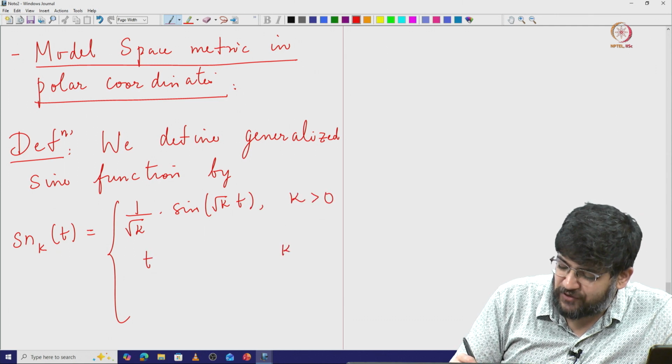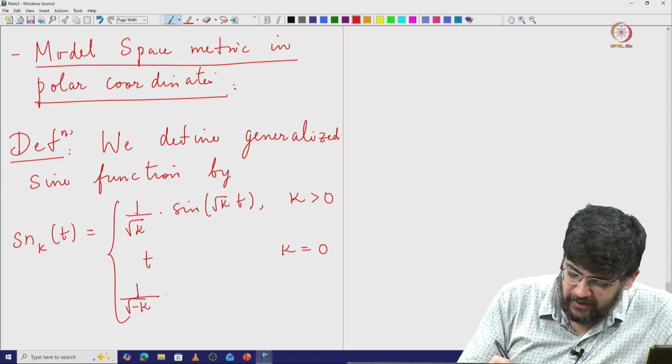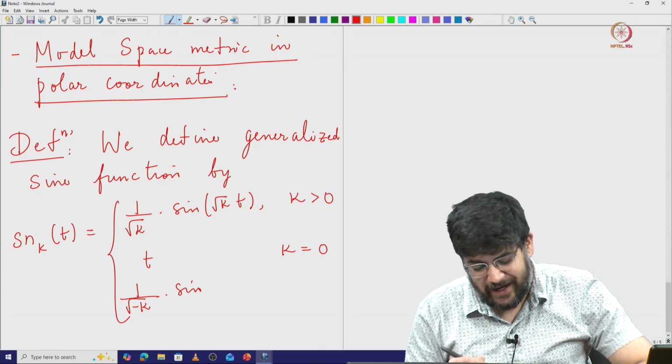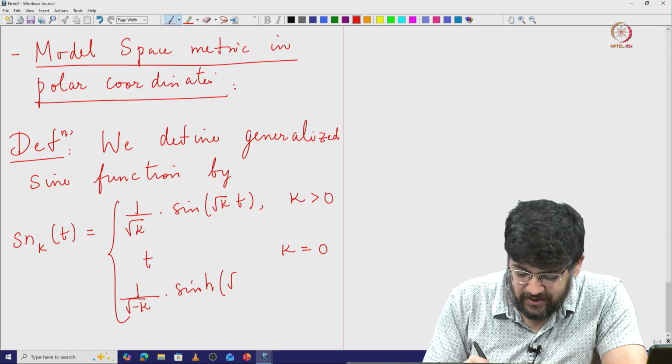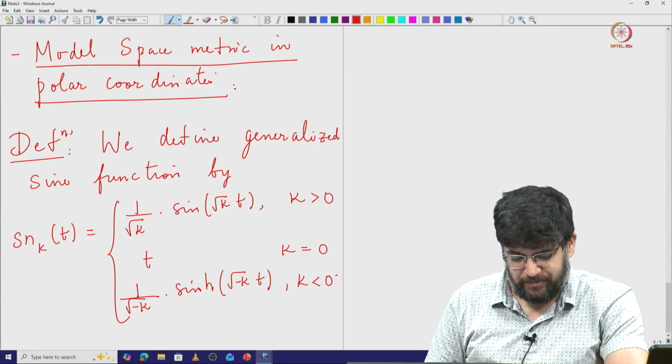It is equal to t if kappa is 0, and it is equal to this factor times the hyperbolic sine if kappa is negative. Okay.